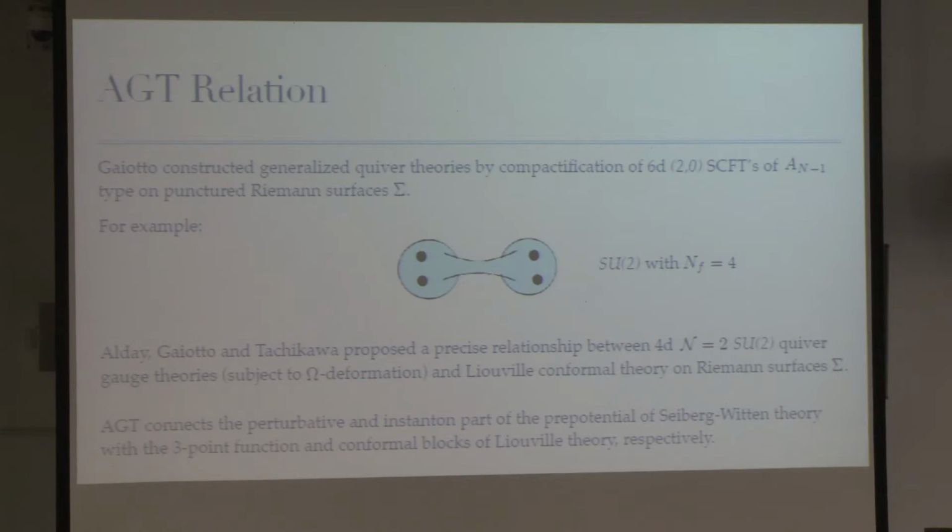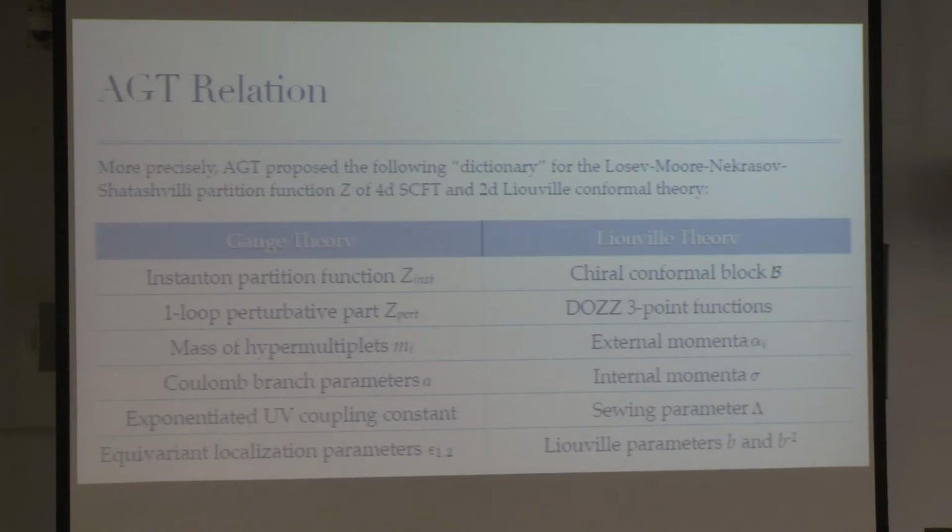And basically, the dictionary is that the chiral conformal blocks correspond to instanton partition functions, and the 3-point functions are related to the one-loop perturbative part. And the masses of the hypermultiplets corresponding to the punctures are related to the external momenta when you compare the conformal blocks.